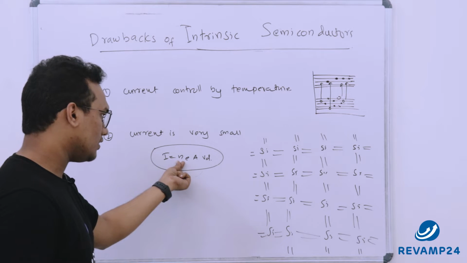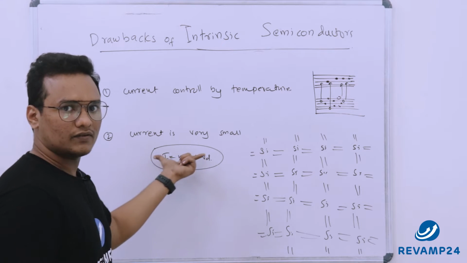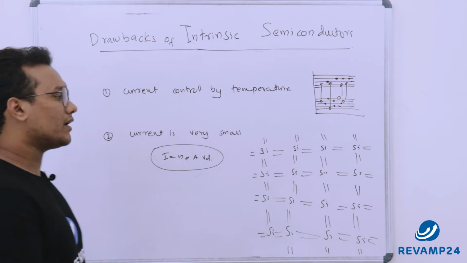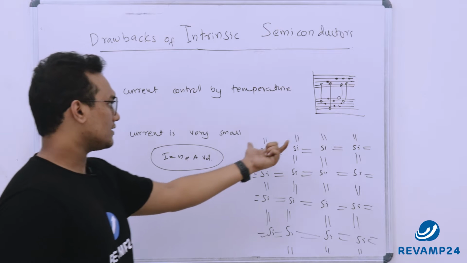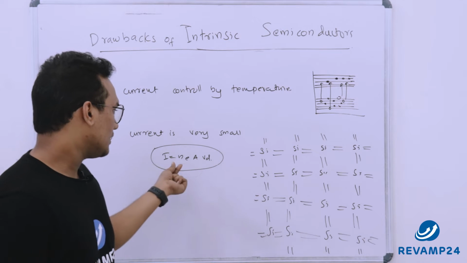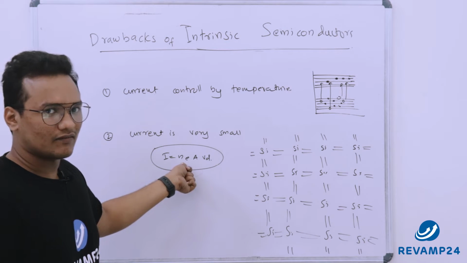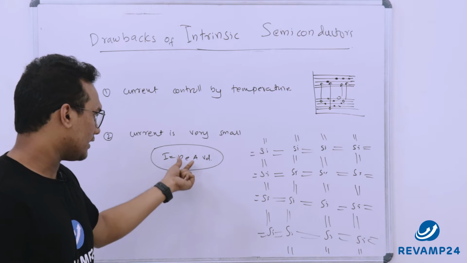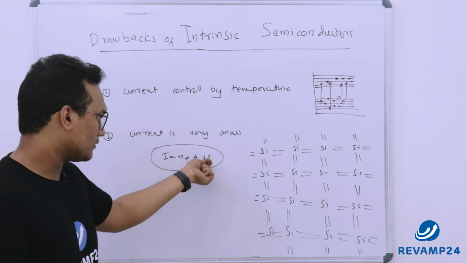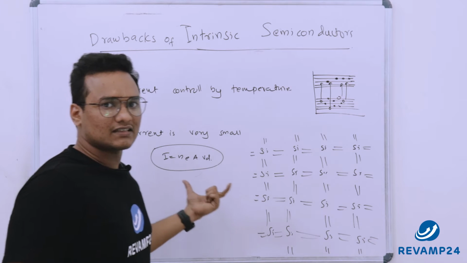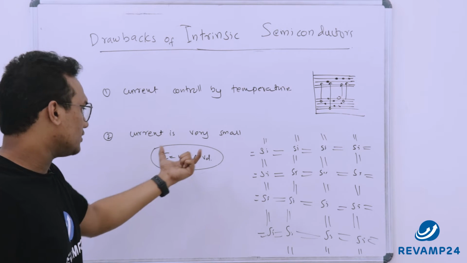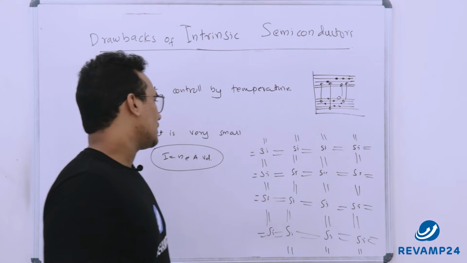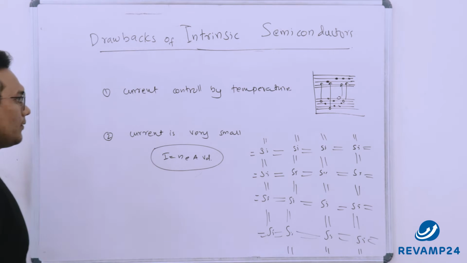We need this value higher, then only can we send higher current through an element, which is difficult with intrinsic semiconductors because the number of charge carriers is very less. So whatever the area or drift velocity, the current made by those electrons would be very less because the number of electrons is less. So current is very small.